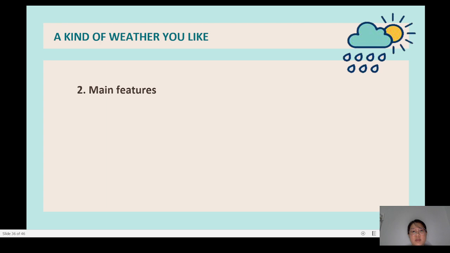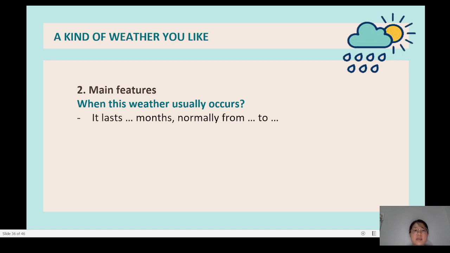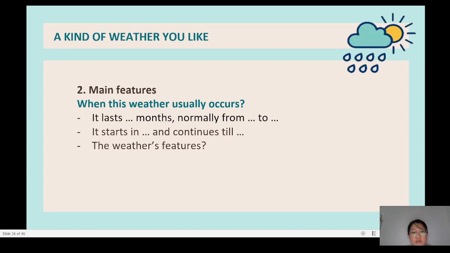Then we move to the next part, where you should talk about the main features of when this weather usually occurs. You can say how long it lasts, normally from which month to which month, and when it starts and continues to.